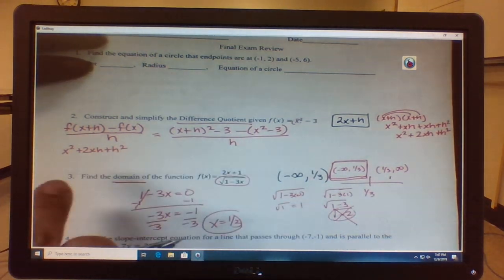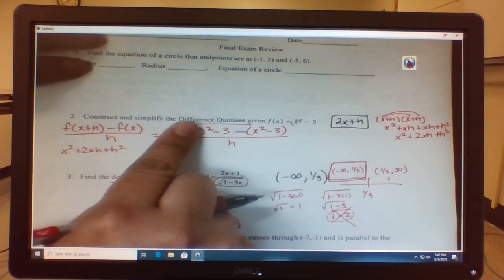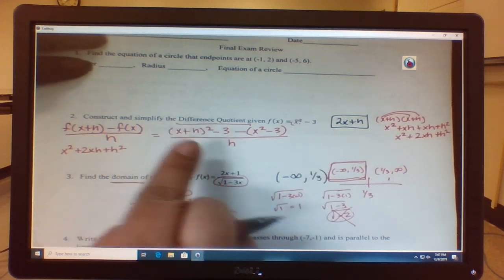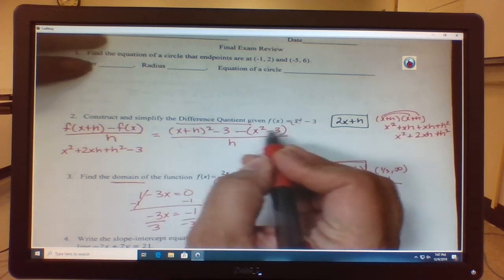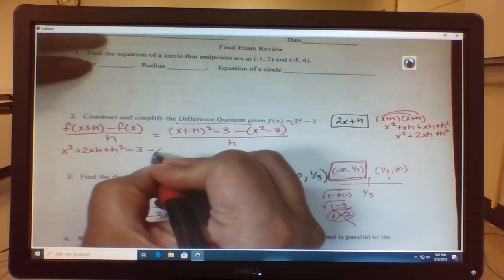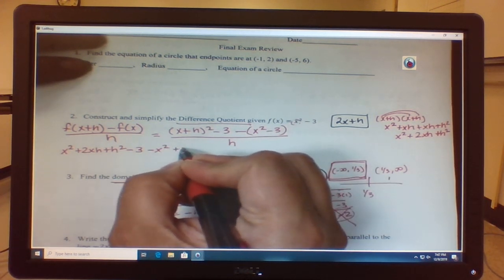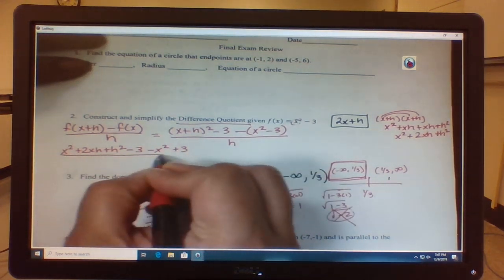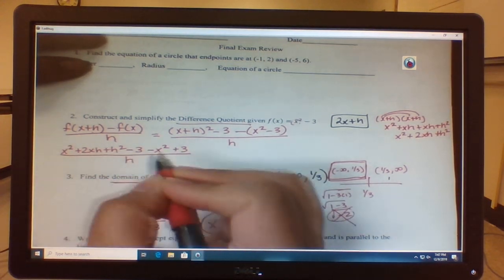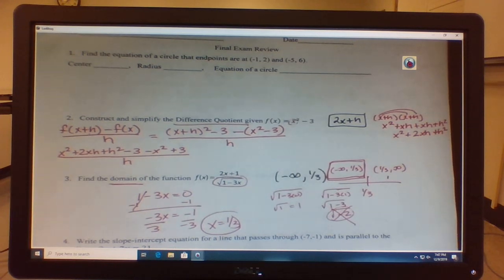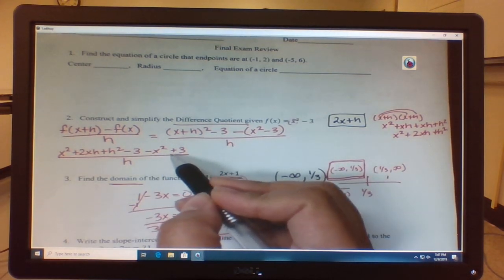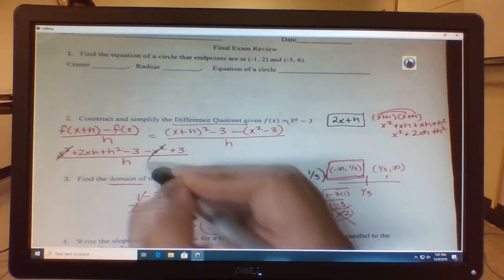Now, please keep in mind, this is just this part. That's it. I still need to put the minus 3. This minus times those 2 becomes a negative x squared plus 3. All this over h. When you do this, stuff needs to eliminate. If it does not eliminate, then you've done something wrong. So x squared, what happens there? Eliminates.